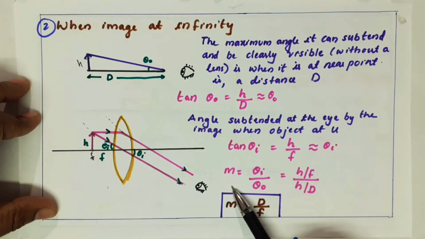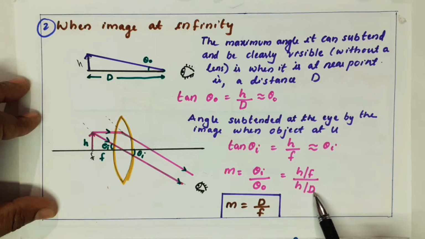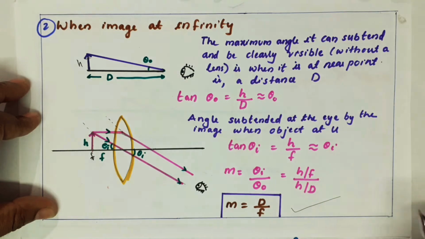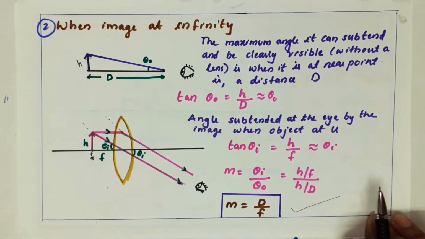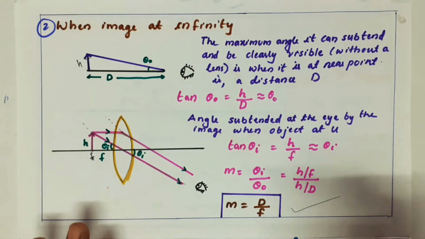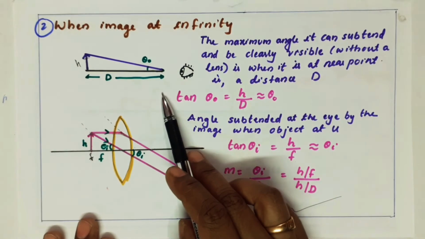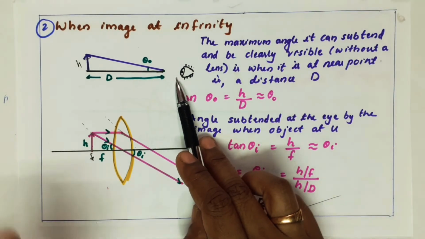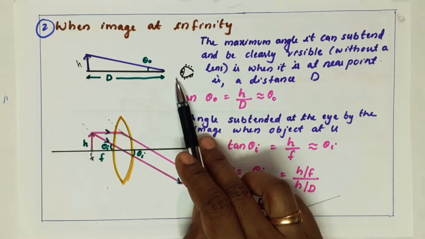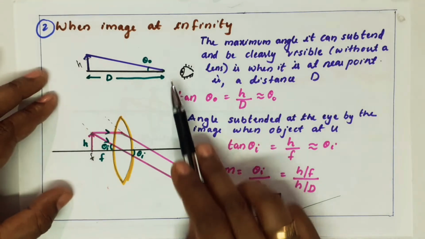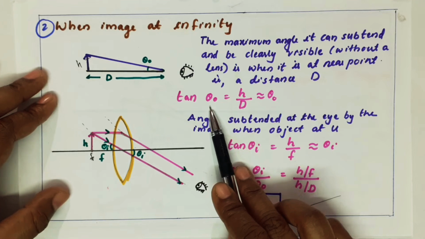So the magnification is theta I by theta O, that is h by f divided by h by d. H cancels, so we get m equals d by f. What I told is, when the image is at infinity, where should your object be? At focus. For that we need two diagrams. One is without any lens, you just see your object directly. That angle subtended is theta naught.